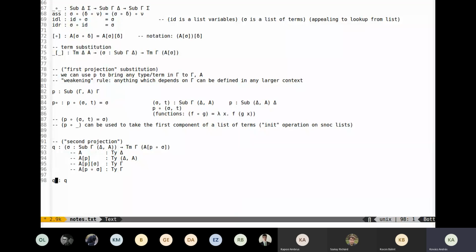There is only a substitution operation on terms. So this will be a substitution rule for Q, which says that if we substitute Q with sigma T, then that's equal to T.